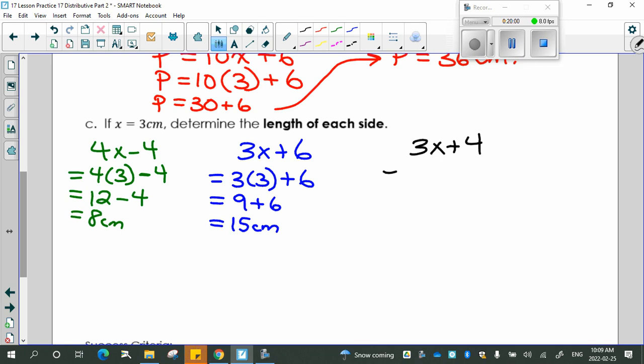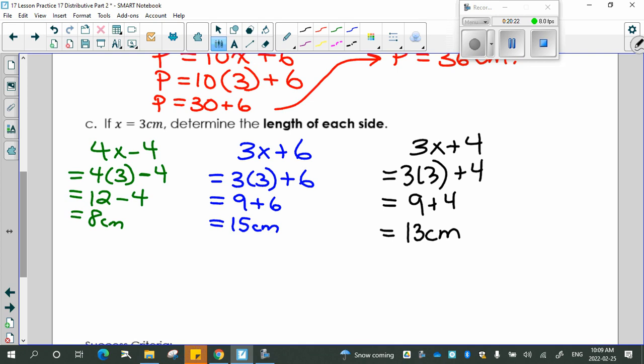I'm going to substitute 3 in for x again. So if I substitute in there, replace x with 3 using brackets, so I get 3 times 3 is 9, plus 4 is 13.